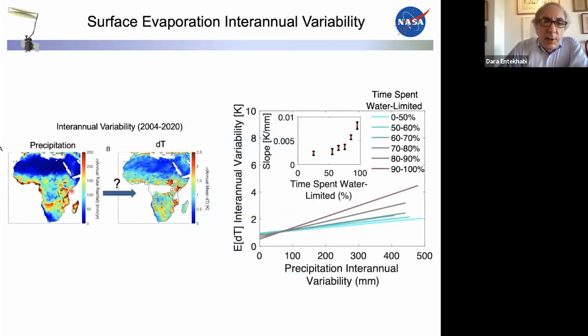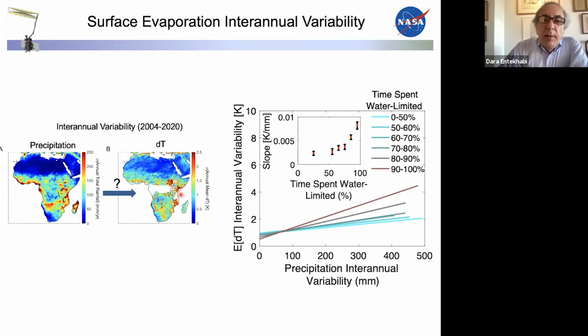So we go back to this map of precipitation, map of response. What makes one go to the other? What affects it? So this is the same axis as before, precipitation and interannual variability over the period of record. And this is the sort of proxy evaporation variability, landscape response in water, carbon, energy fluxes.